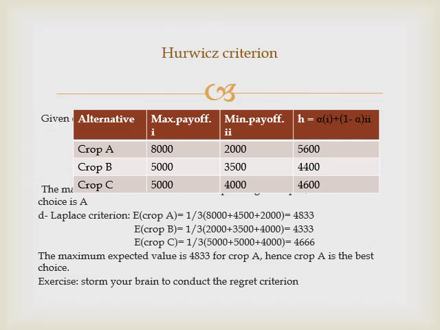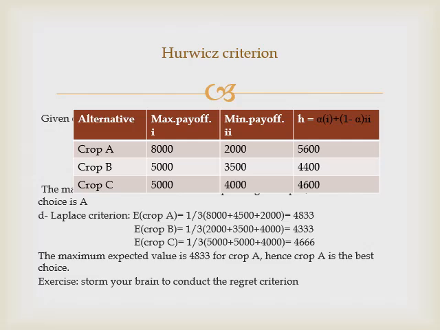Now, estimation: group A equals 1 over 3 states of nature, then 1 over 3 multiplied by 8,000 plus 4,500 plus 2,000. The result is 4,833.